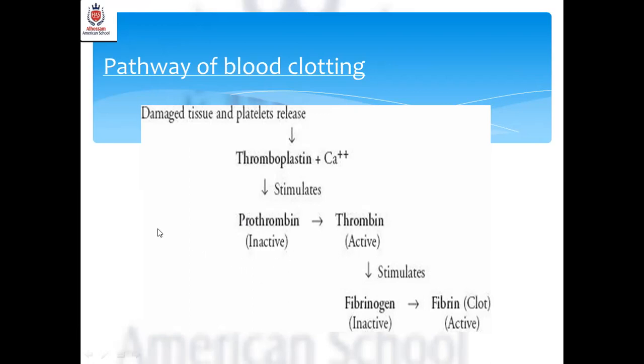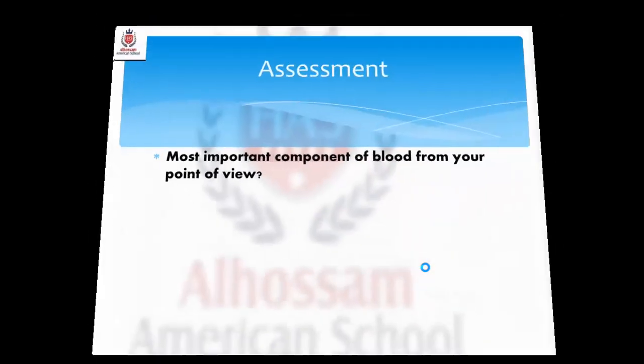The prothrombin circulates in the blood in an inactive form, but by the help of platelets and the thromboplastin, prothrombin is converted into an active form called thrombin. And this thrombin activates another usually inactive substance called fibrinogen into active fibrin that forms many fibers to stop the bleeding. Let me show you.